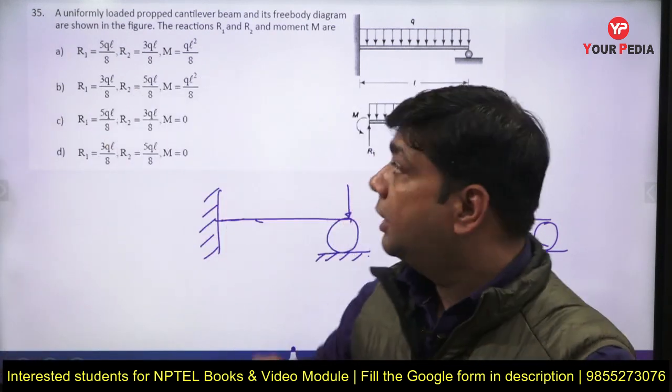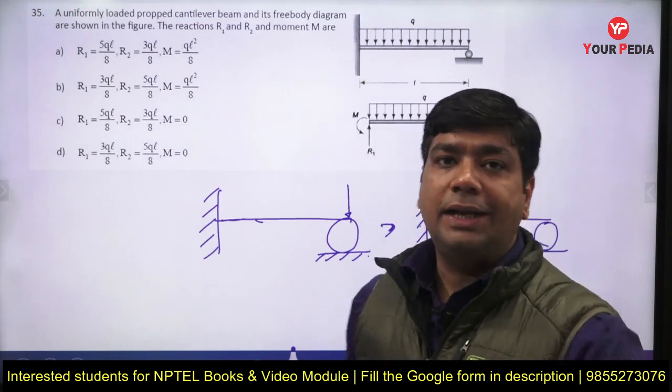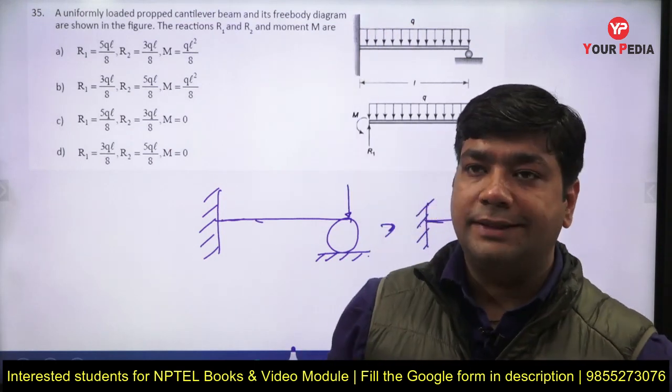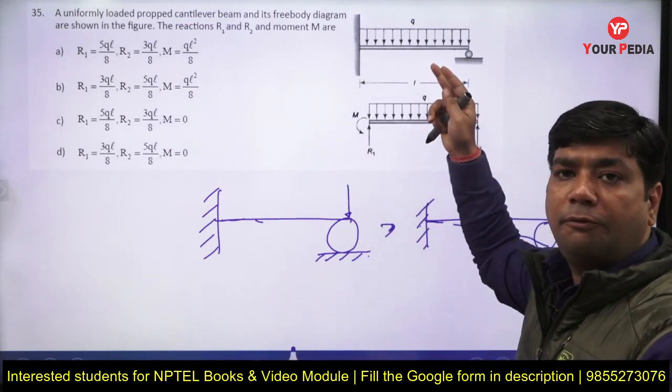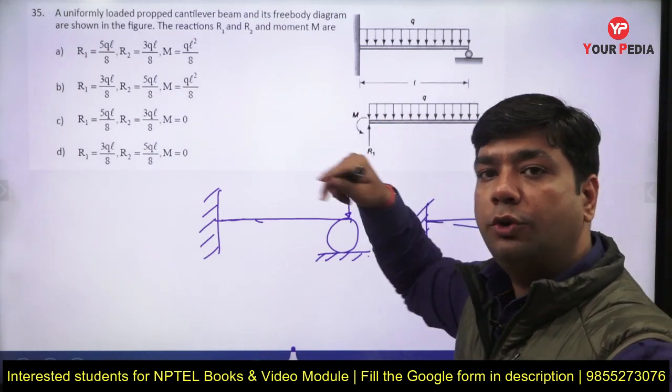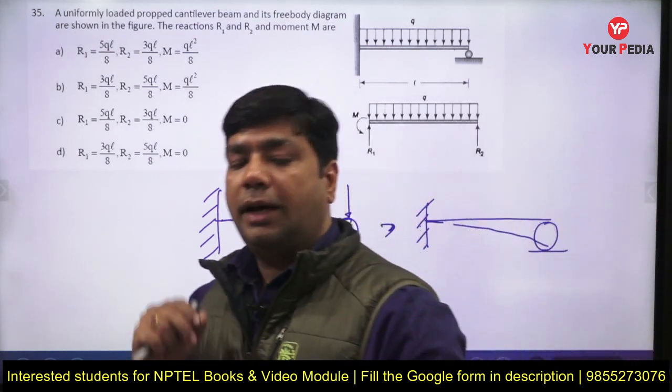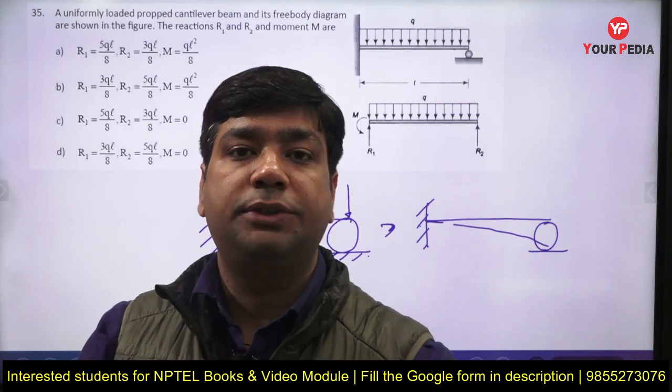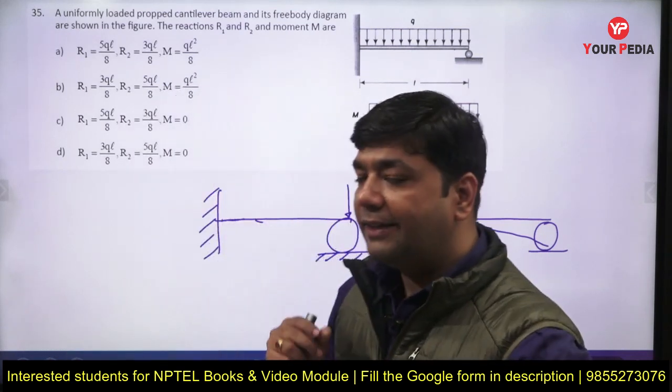First of all I am going to break this propped cantilever beam into two cases. One is a cantilever beam subjected to a UDL, and another one is a cantilever beam subjected to a point load at its end.